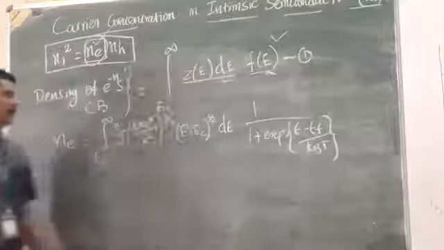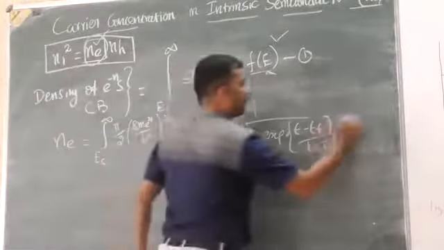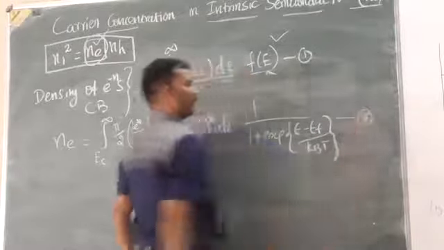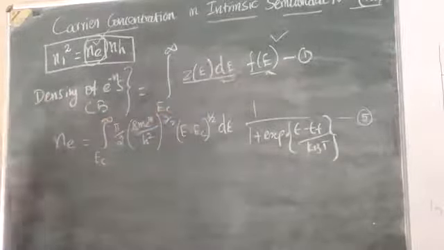So now we have substituted the values of Z of E dE and f of E from equations 3 and 4 into equation number 1.